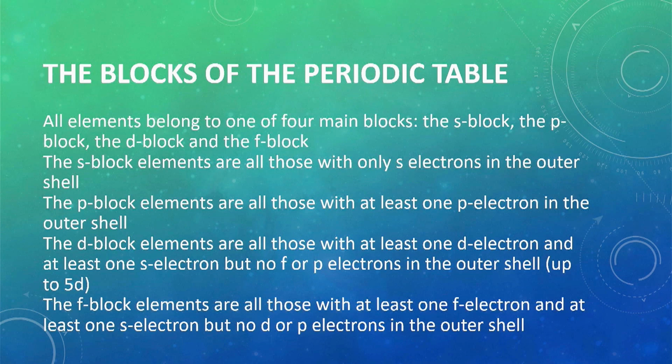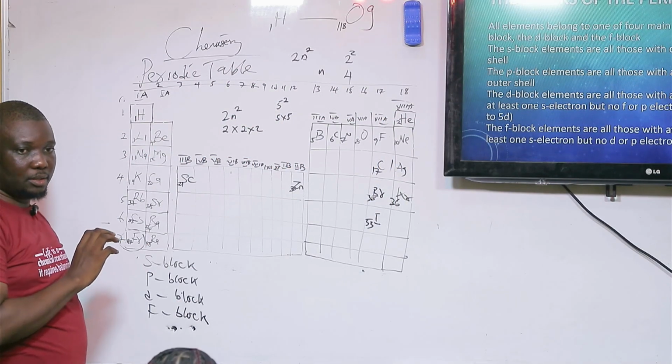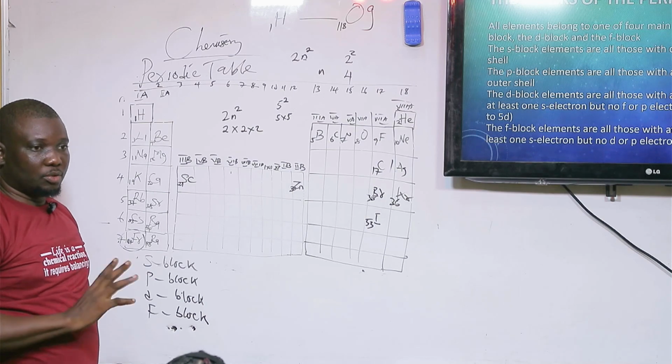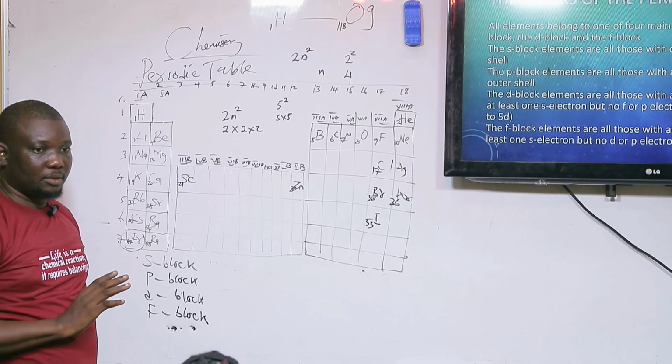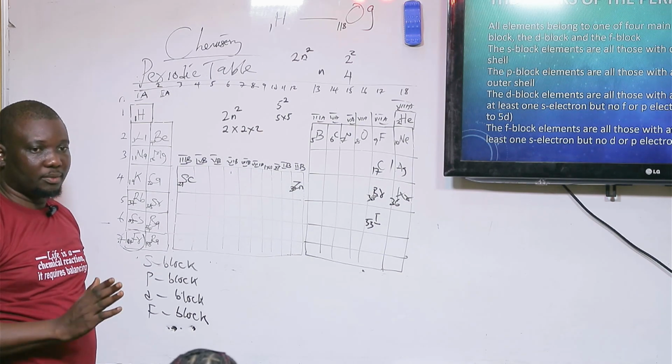Looking at this table here, the S block elements is what? Which group is referred to as S block? Group 1 and 2. Not just group 1.